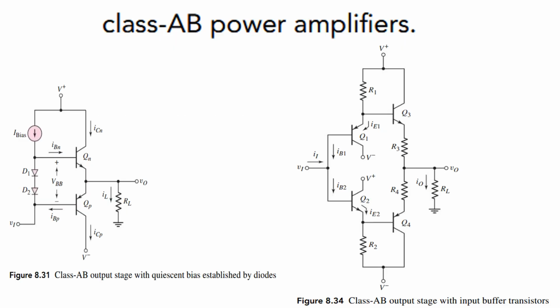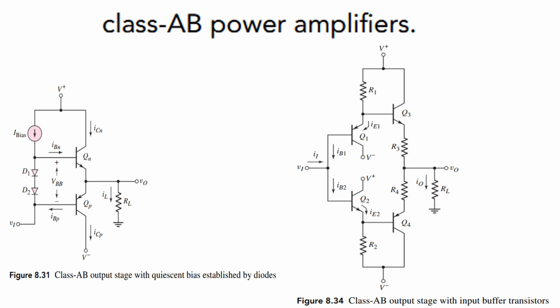An example of a class AB power amplifier again. The only difference from the previous class AB amplifier is that now we are dealing with higher power, that is voltage and current. So in this class AB power amplifier, we are using two different diodes, which are used for push and pull. The first one will act on the positive half and the second will pass the negative half.